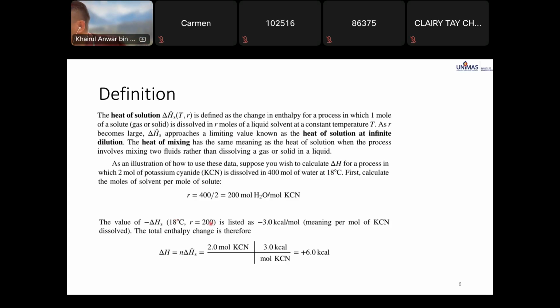Delta H is listed as negative 3 kJ, at r equal to 200. The total heat is therefore 2 moles KCN multiplied by 3 kJ per mole KCN.